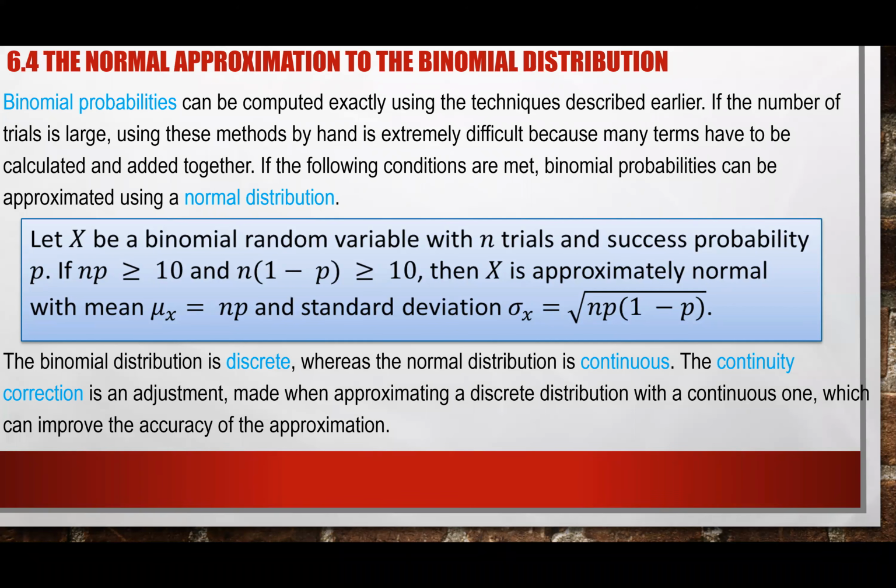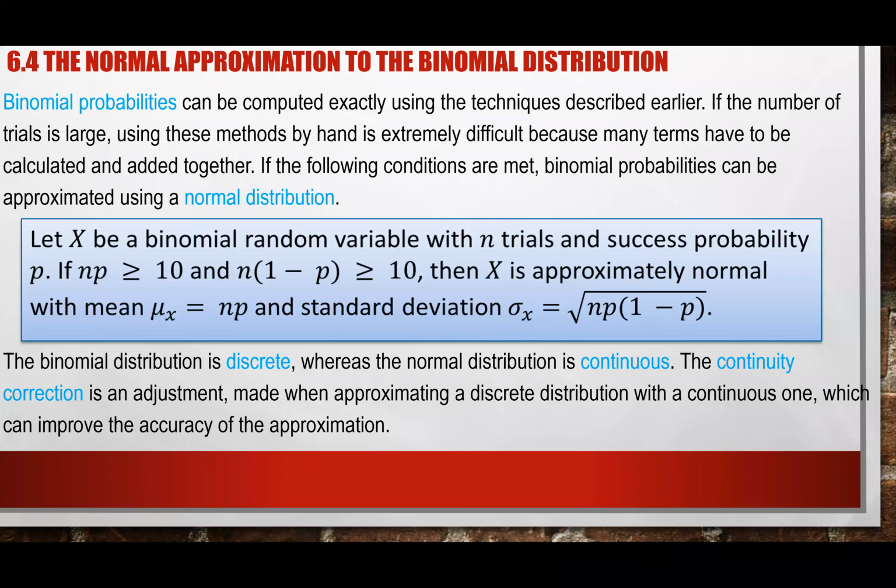If our criteria are met, meaning n times p is bigger than or equal to 10 and n times 1 minus p is bigger than or equal to 10, once you find the mean and standard deviation, the next thing is to adjust our endpoint to make it more accurate.